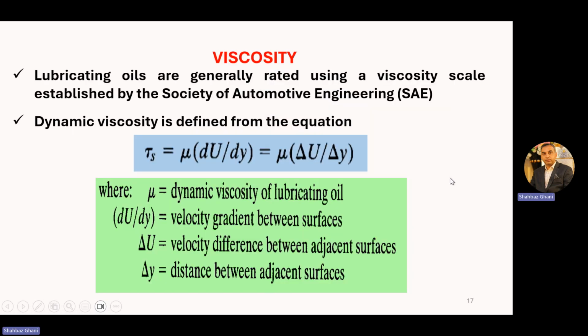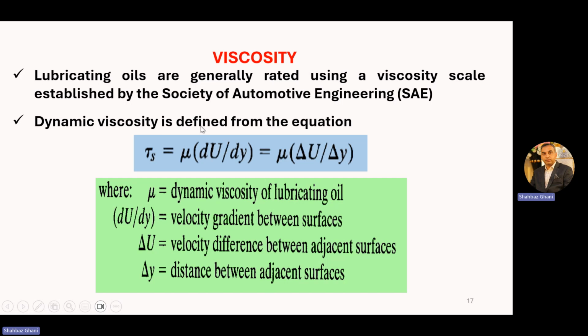Now let's talk about viscosity, the important factor while discussing lubricating oil or fluid. Lubricating oils are generally rated using a viscosity scale established by the Society of Automotive Engineers. So oils are graded by their viscosity scale.